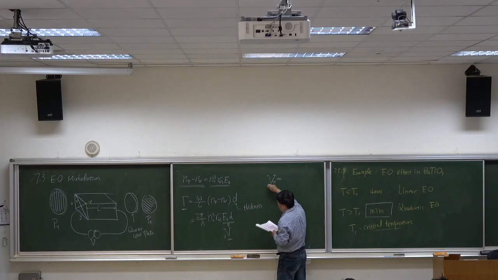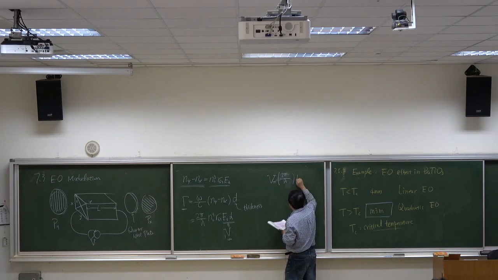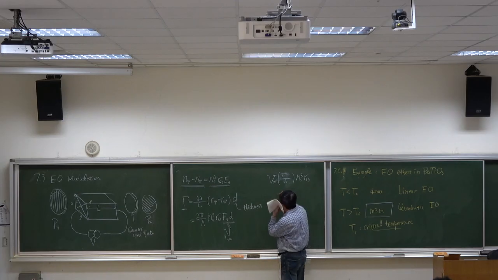Then we have V pi times 2 pi over lambda times n_o cubed times r63 equal to pi.